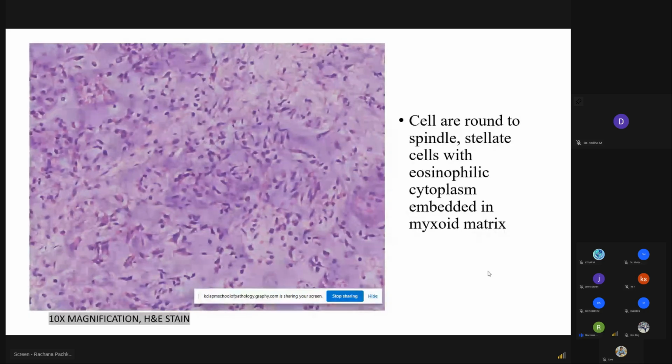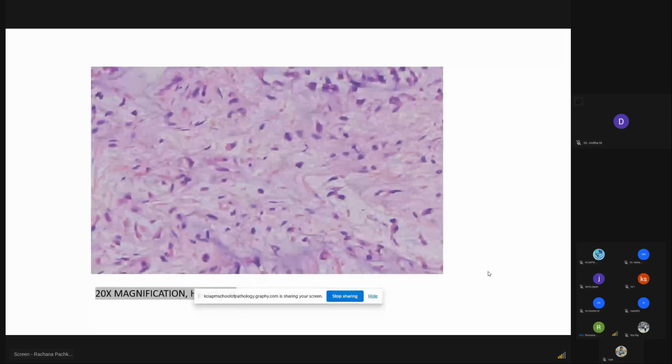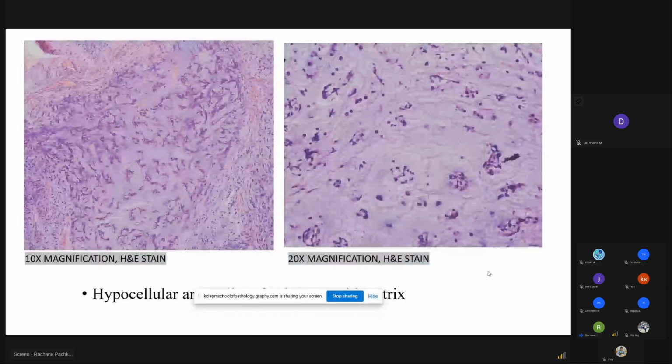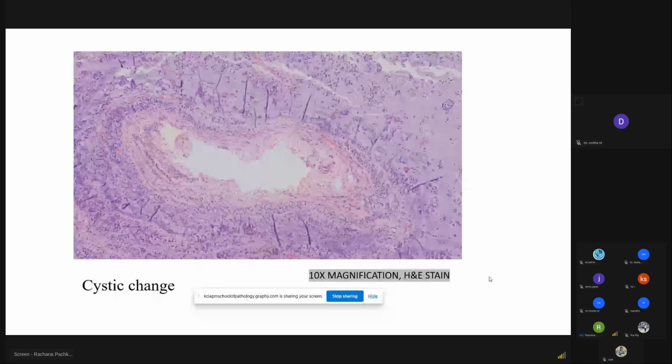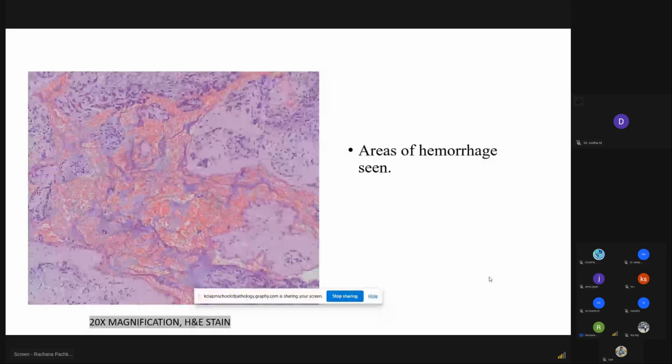The cells are round to spindle, stellate cells with eosinophilic cytoplasm embedded in a myxoid matrix. Here is a hypercellular area with liquefactive matrix, cystic change, and areas of hemorrhage.